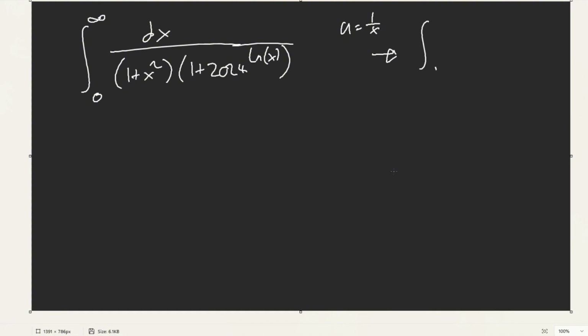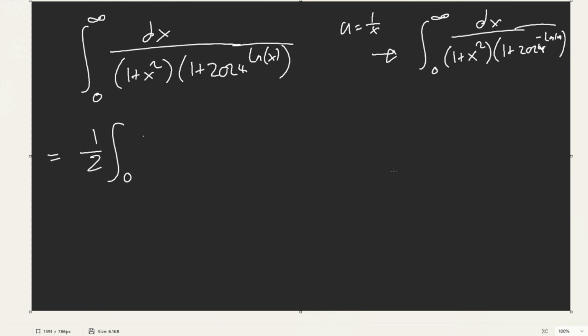So what we're gonna have is the same thing here, but now we have 1 plus 2024 minus ln x, right? And then you can adhesively conjoin these two integrals, and they're going to cancel out, and we're going to end up like this.